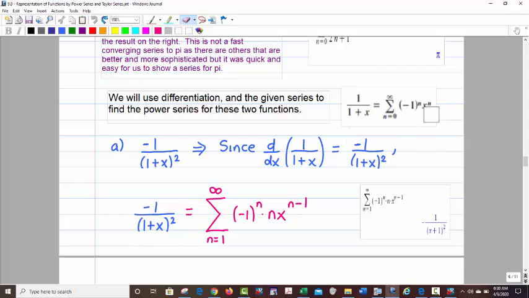We just take the derivative of it. So x to the n becomes n times x to the n minus 1, just using the power rule for the derivatives. Now, the counter is always going to shift here because, when you're taking the derivative, you're differentiating away that first constant term. Everything kind of shifts over.